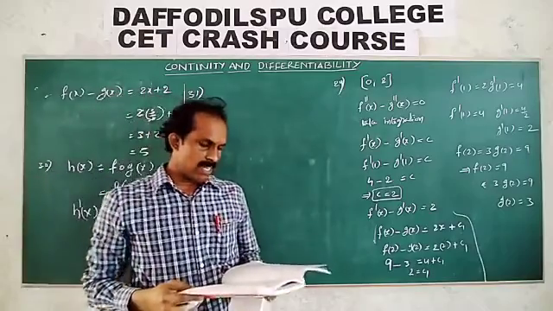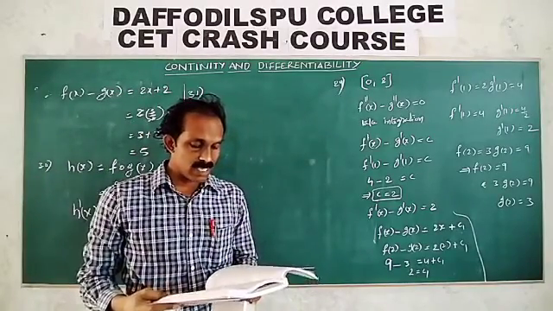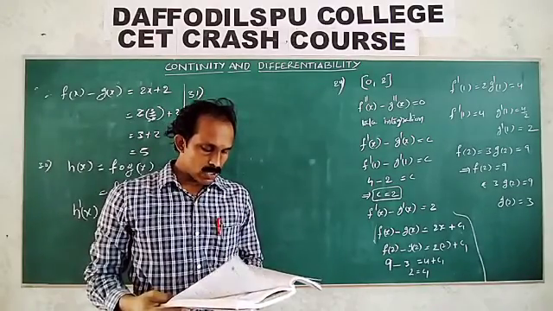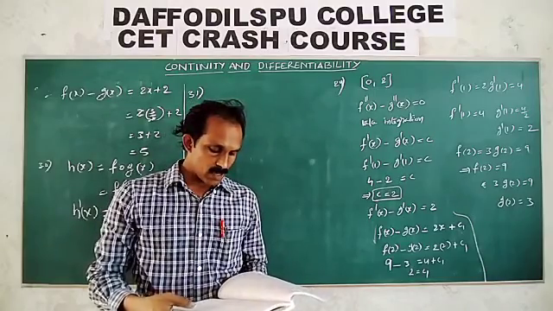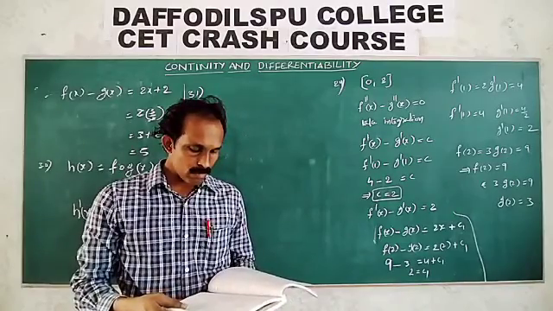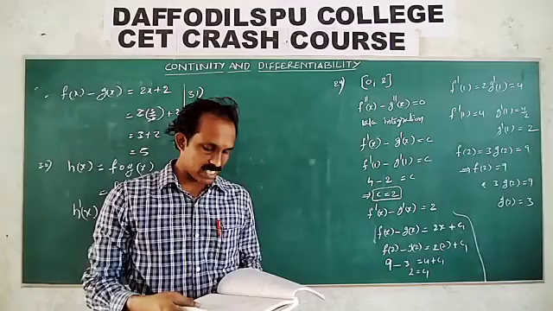Let R be the set of real numbers. If f maps R to R is a function such that the modulus of f(x) minus f(y), whole squared, is less than or equal to the modulus of x minus y, whole cubed, for all x, y belongs to R, then f'(x).